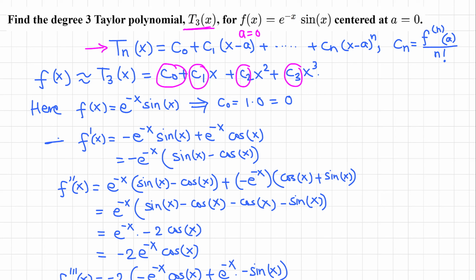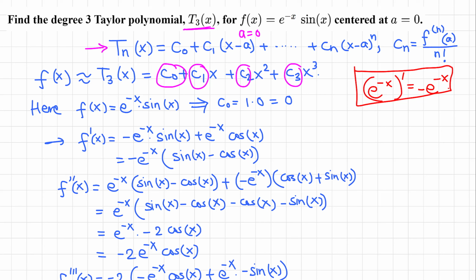Here, this is a product of two functions, so we must use the product rule. I have repeatedly used the derivative of e to the negative x, which is itself times the derivative of negative x, which is negative 1, so negative e to the negative x. This will be used a lot of times here.